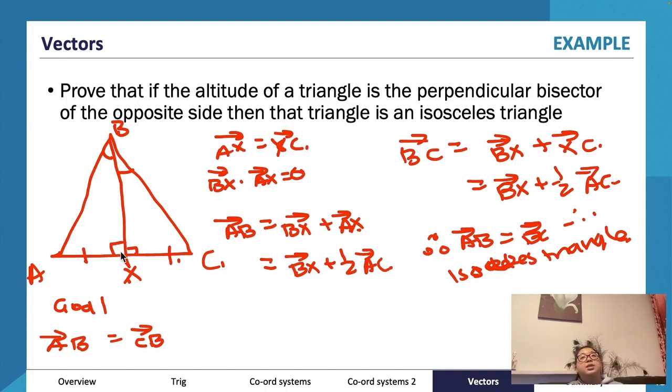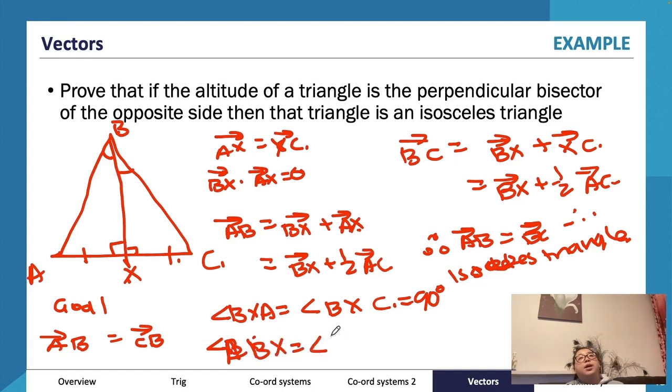All you need to do is say that you have angle BXA equal to angle BXC, and because of that fact, you also know that this equals 90 degrees, and you also know that angle ABX equals angle XBC. So those 2 angles are equal.